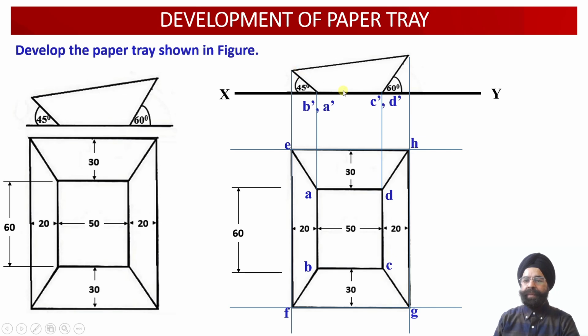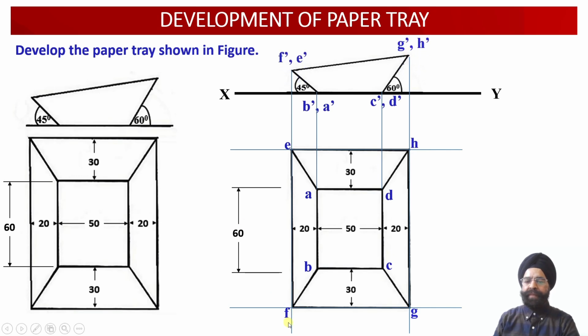Similarly, the edges DH and CG are inclined at an angle of 60 degree, so we have obtained the larger edge length corresponding to the apparent length of these edges in the front view projections.